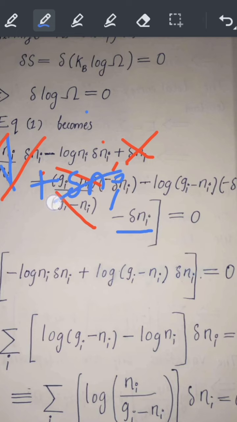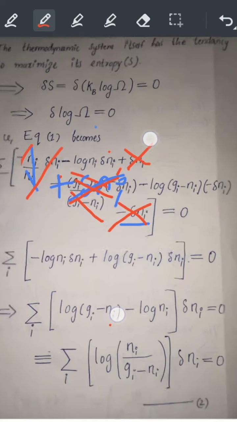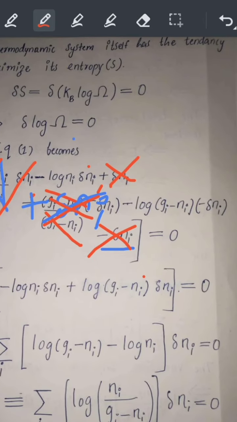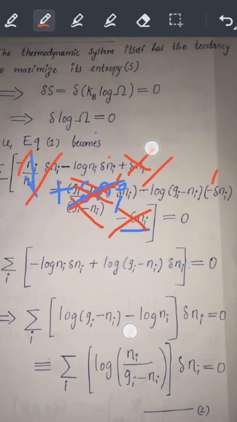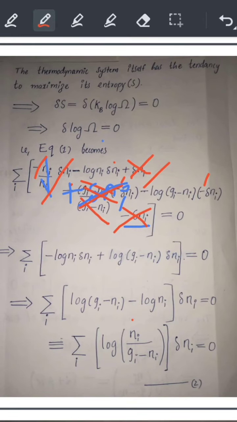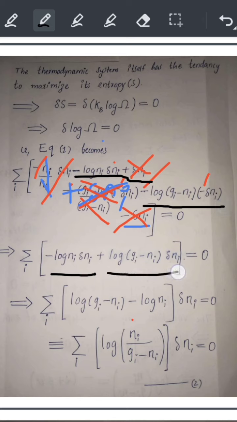So these cancel, and also this minus sign and this minus sign combine to give a plus sign. So in total you get minus log ni delta ni minus log ni delta ni plus log gi minus ni delta ni, which is equal to 0, and their summation is here.